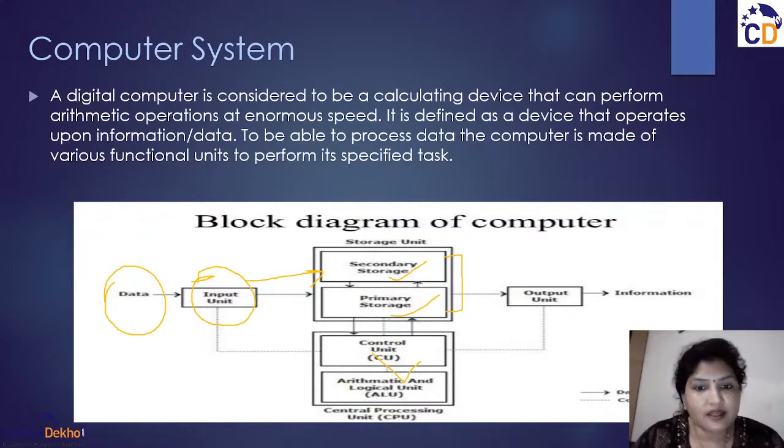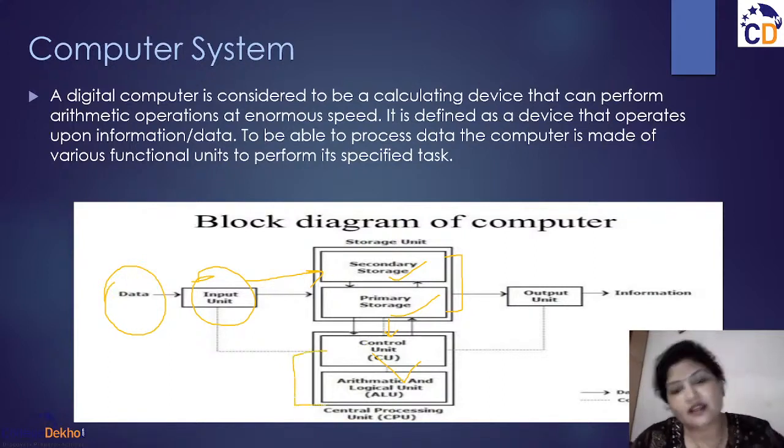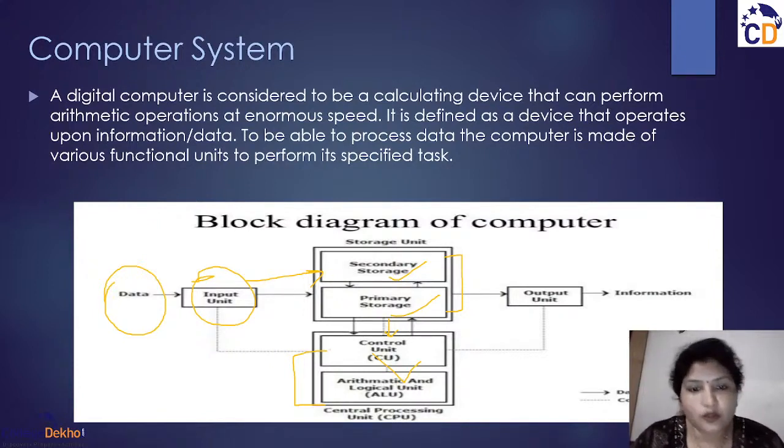And then it is connected to the CPU, because the CPU is the main thing which is going to allocate your processes, right? The CPU again has three parts: the arithmetic and logic unit, which we call the ALU, the control unit, and the third is the memory unit.